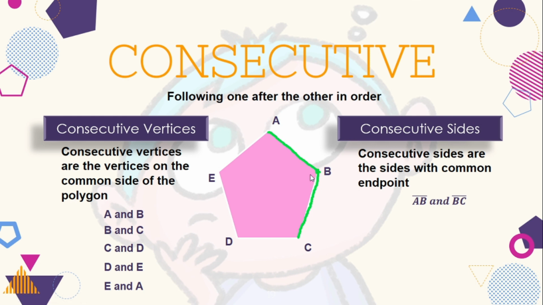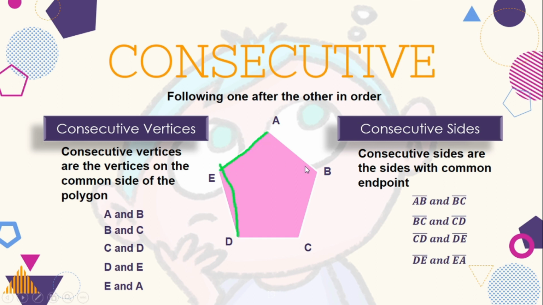Next natin na consecutive is magkasunod din si BC and si CD. Okay? They share the common endpoint, which is C. And then ano pang magkakasunod? We have CD and DE. And then we have DE and EA. And the last is we have EA and AB. So those are the consecutive sides.